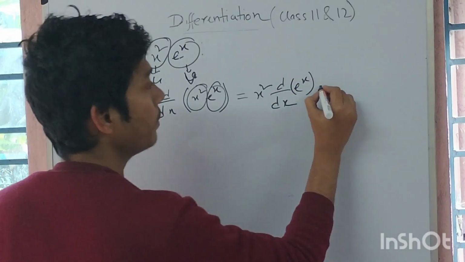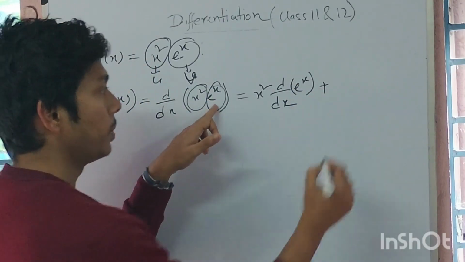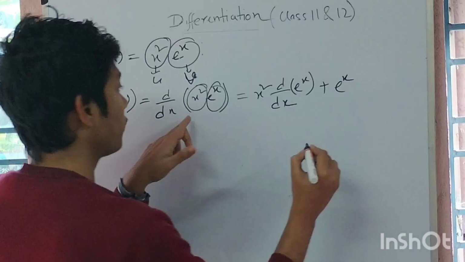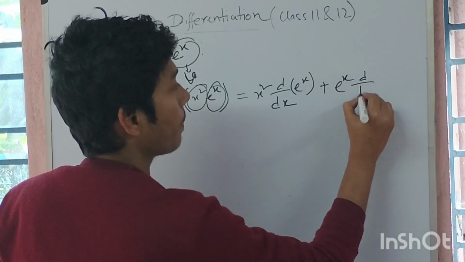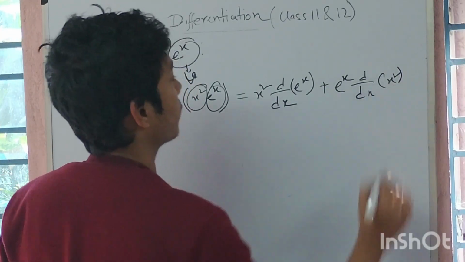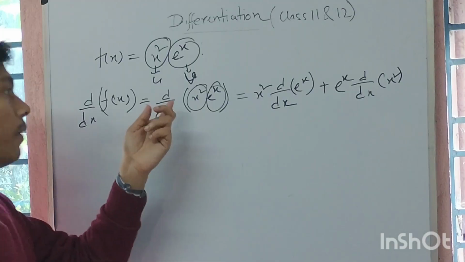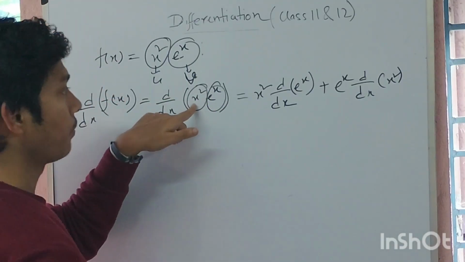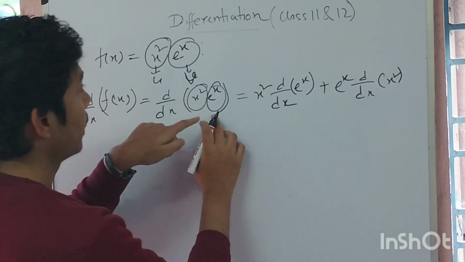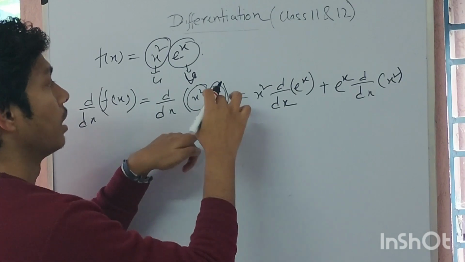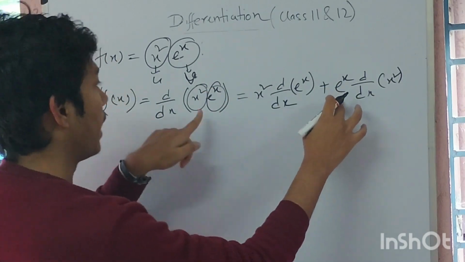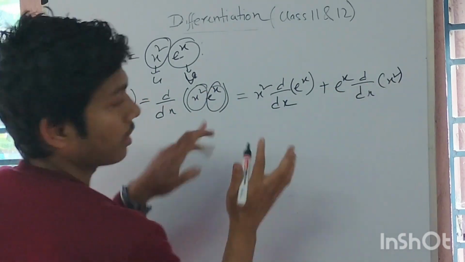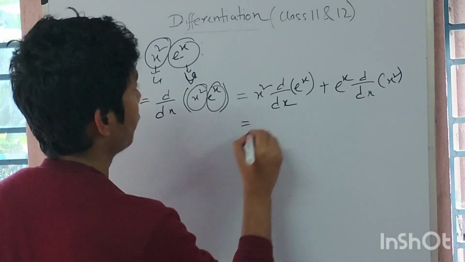And the second time, I am keeping e to the power x fixed and taking d/dx of the first one, x squared. So the first time I kept x squared fixed and took d/dx of e to the power x, plus I kept e to the power x fixed and took d/dx of x squared. Done. This is the form.